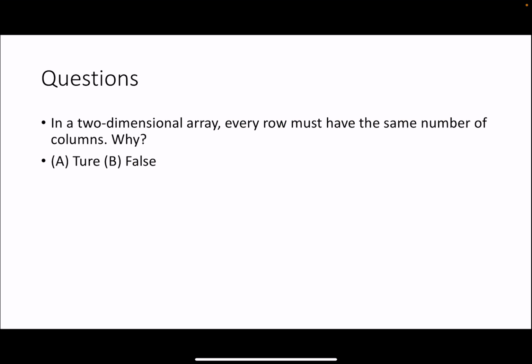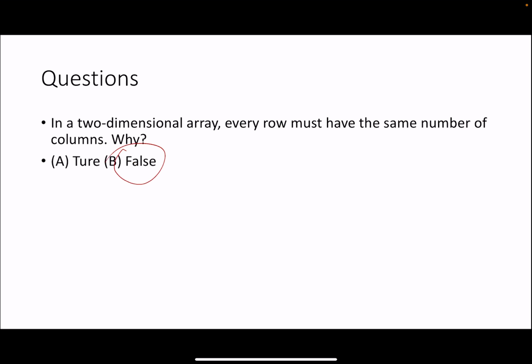First, in a two-dimensional array, every row must have the same number of columns. Why? First, tell me, is it true or false? I give you 30 seconds. Just pause the video. Okay, so this would be false.